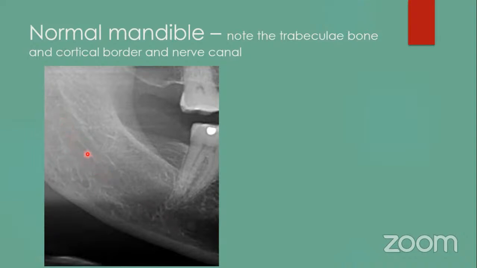You can see the tram lines, and it also has corticated boundaries there. And then the inferior margin of the mandible, you can see it clearly there, made of compact bone. So that's cortical bone.